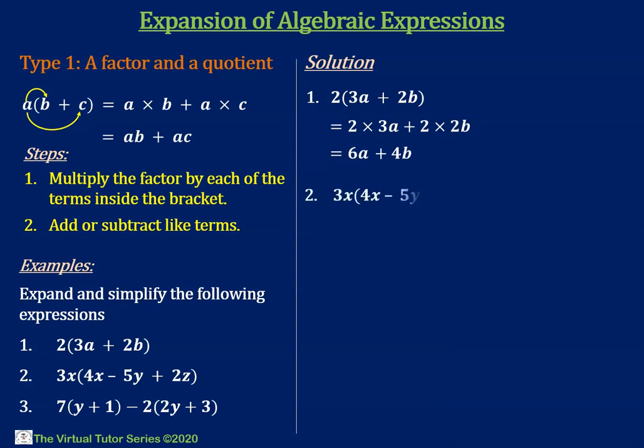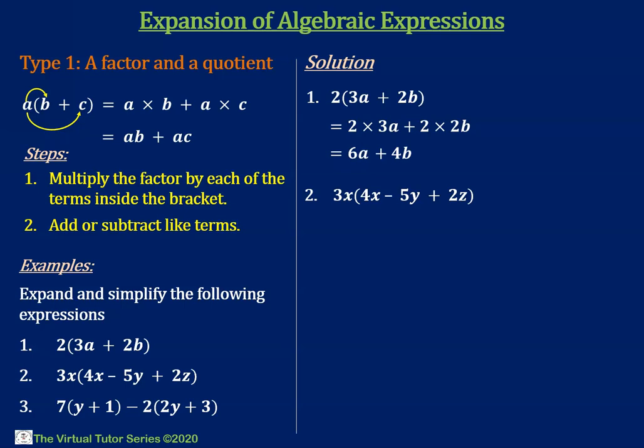Example 2. 3x into bracket 4x minus 5y plus 2z, bracket closed. Step 1. We multiply 3x by each of the terms in the bracket.